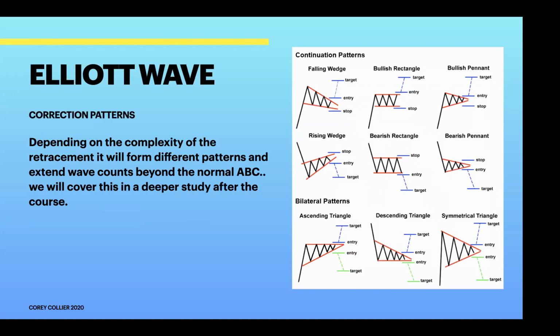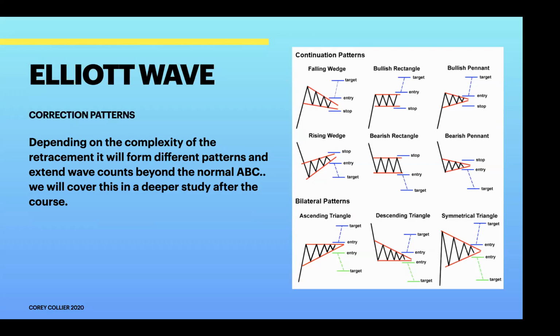Now, these are different correction patterns. Depending on the complexity of the retracement, it will form different patterns and extend wave counts beyond the normal ABC. We'll cover this, guys, in probably the advanced portion. We'll get deeper into the complexity of the retracements, but understand the different types of technical patterns, like the falling wedge, the bullish triangle, the bullish rectangle, the bullish pennant, the rising wedge, and things of the sort.